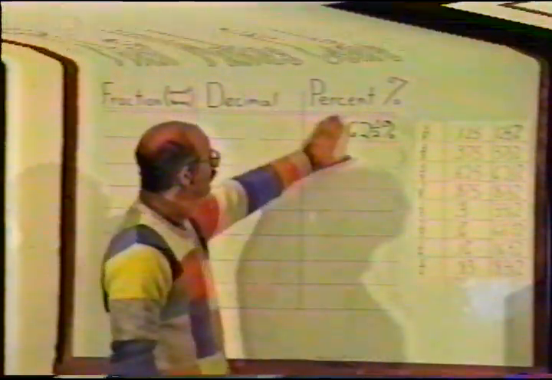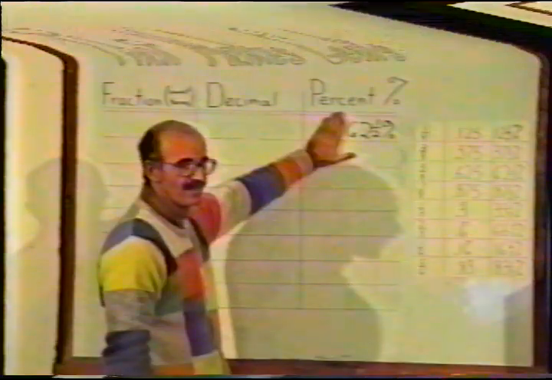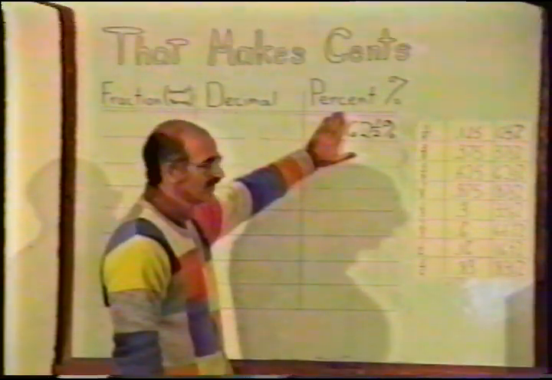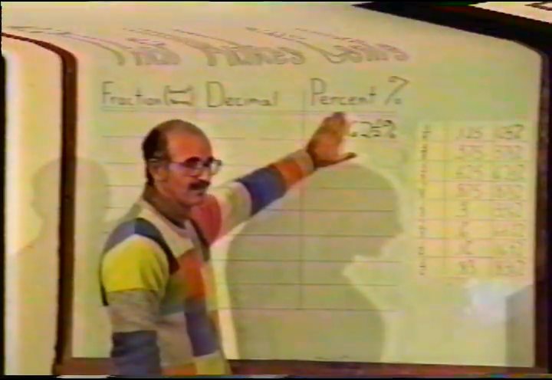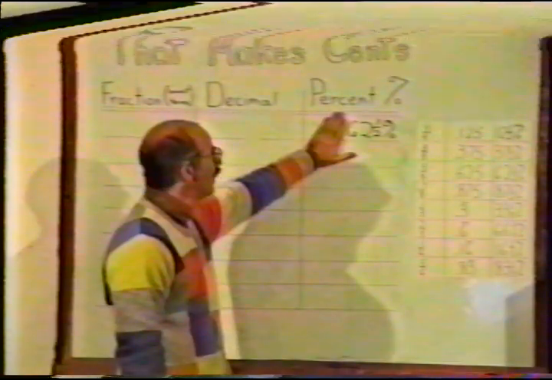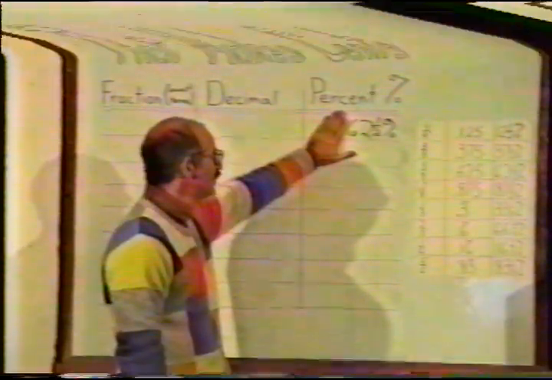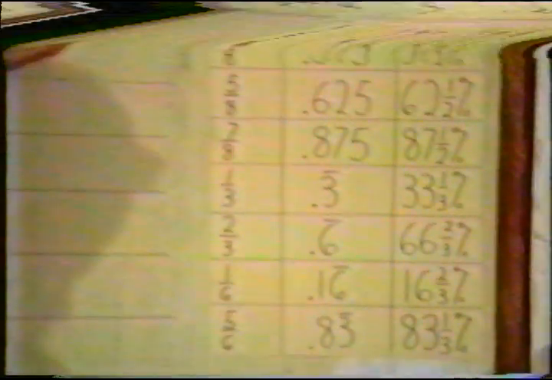Is there something hidden in there that you should know? Yes. And what is it? A memory percent. A memory percent. 62.5% is how much as a fraction? 5/8. 5/8.